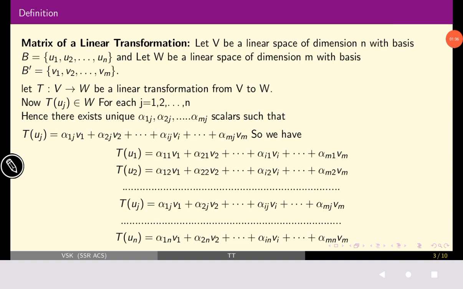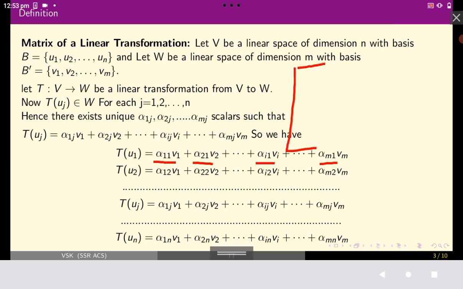Note these coefficients. This coefficient is alpha 11, this is alpha 21, this is alpha i1, this is alpha m1. When we write the matrix of this, we'll write these coefficients as a column. So we'll write first a11, we'll write second a21, and last one will come as am1.